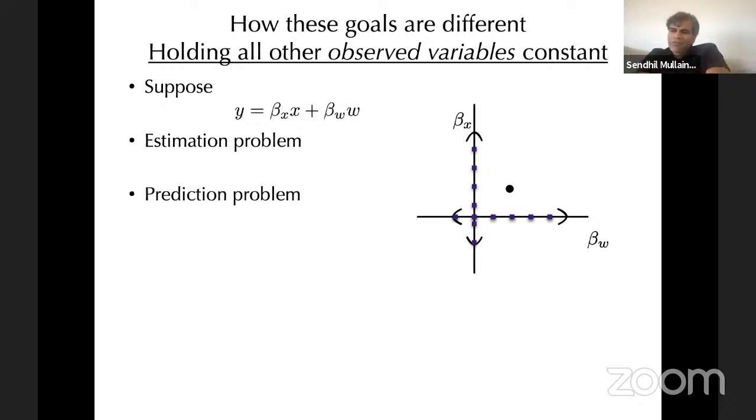Now let's ask, what would I do if this were a prediction problem? I'd still run the regression, and let's suppose I'm restricted to linear predictors. So the best I could probably do is this beta x, beta w. Put aside shrinkage and things like that. Just at some core level, what structurally changes about the problem?